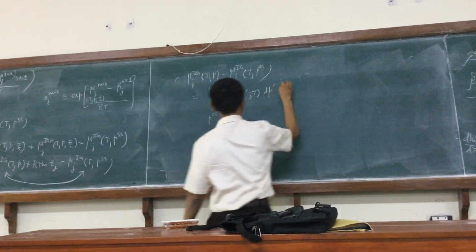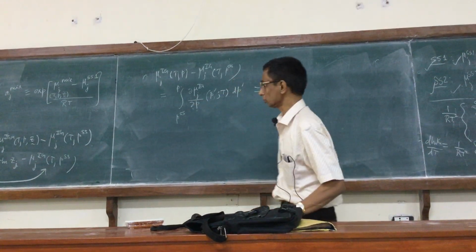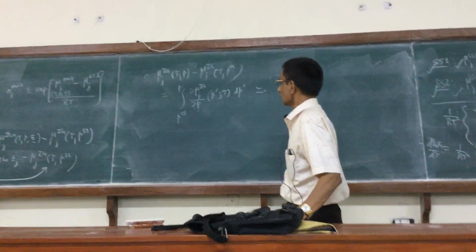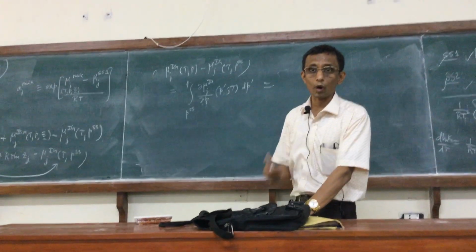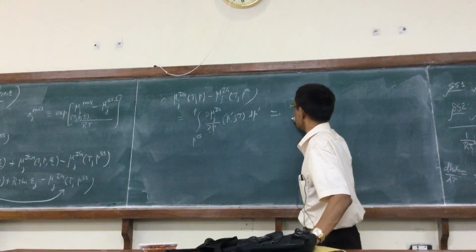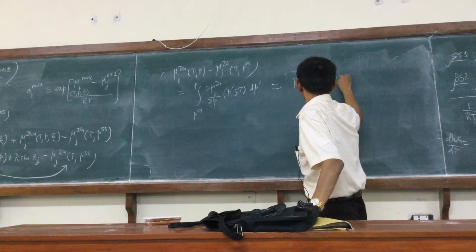P prime is a dummy variable because I have P here. Now what is this? This is clearly the specific volume of the ideal gas, RT by P. So there is the RT log P by PSS.